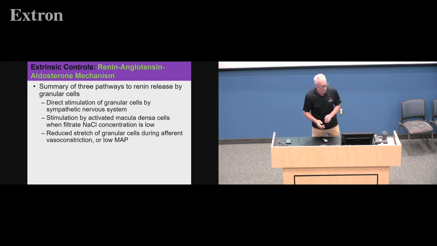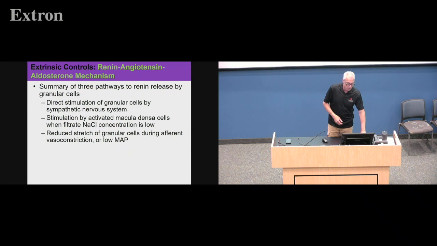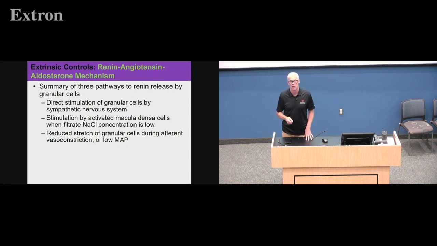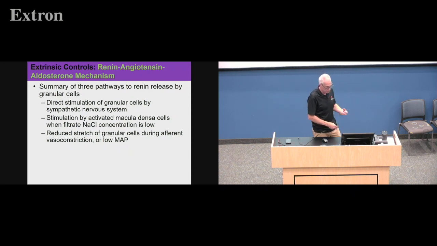So I just pulled together a slide here reviewing 3 different ways that the renin-angiotensin system may be activated. The sympathetic nervous system directly signals release of renin by the juxtaglomerular cells. That we've known about since chapters 16 and 19, and we're just summarizing it here again. We just mentioned it as an extrinsic control.